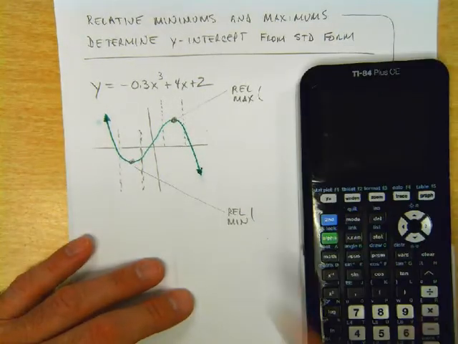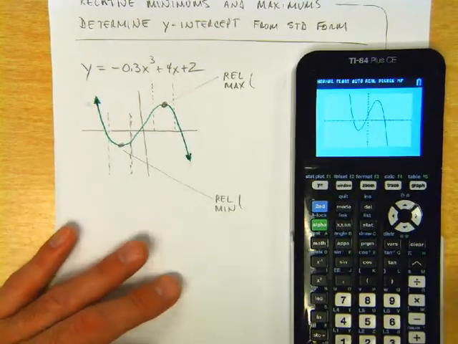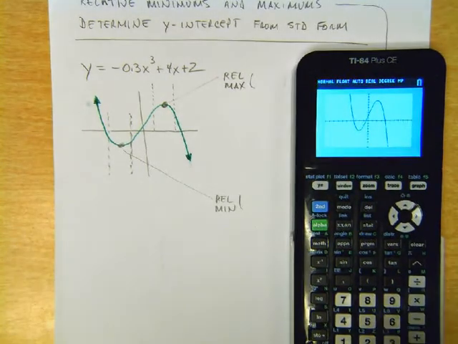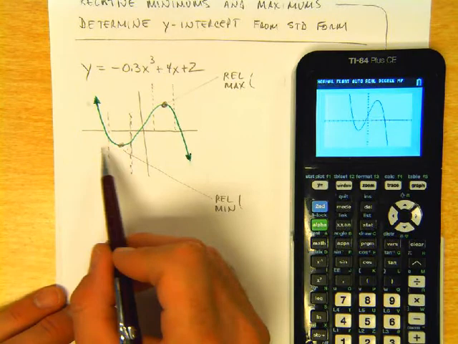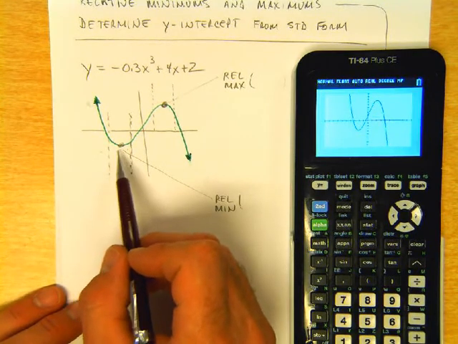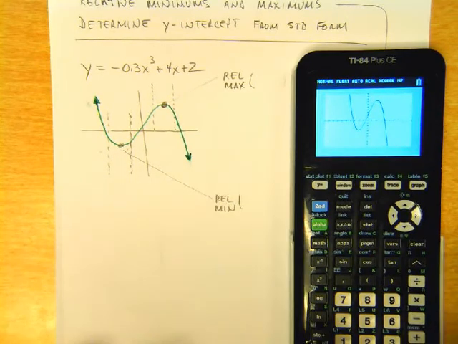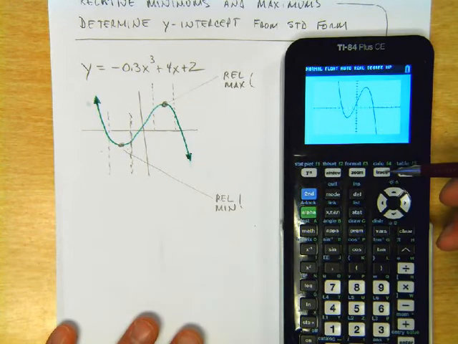And to do that, we need our calculator. And here's the process we're going to use. With our calculator, we are going to set up fences and find the min or the max between those fences. Okay? So if you have this picture on your screen, I want you to find the trace button, and right above the trace button you'll see calculate.